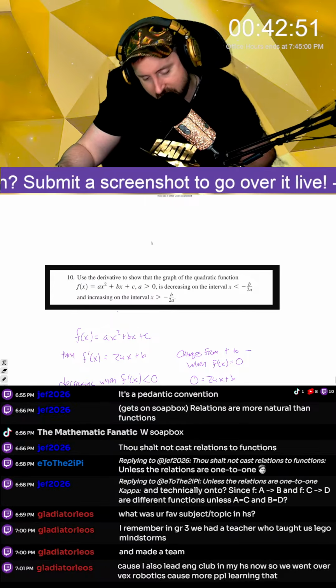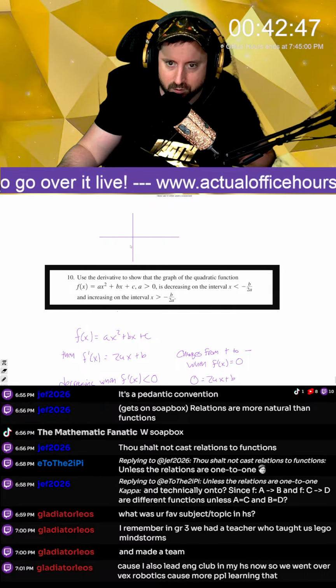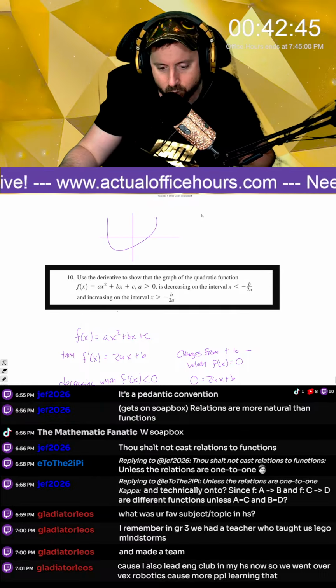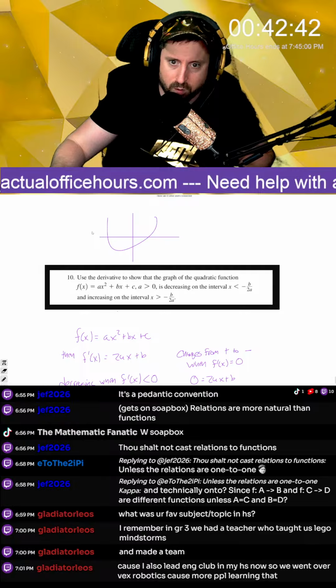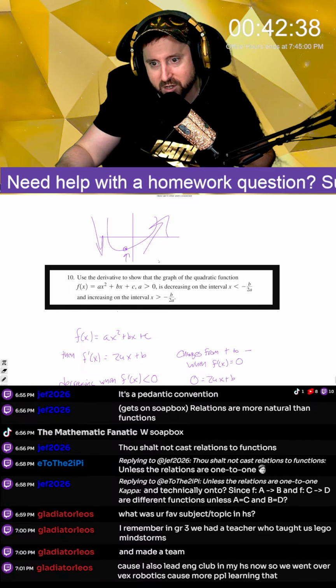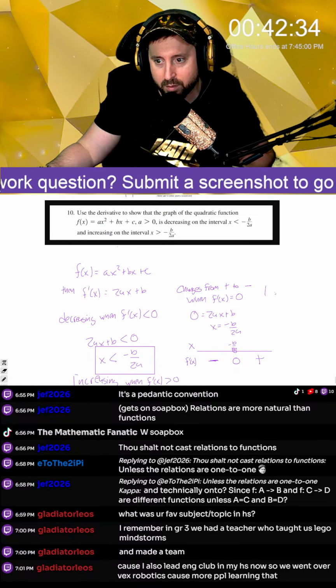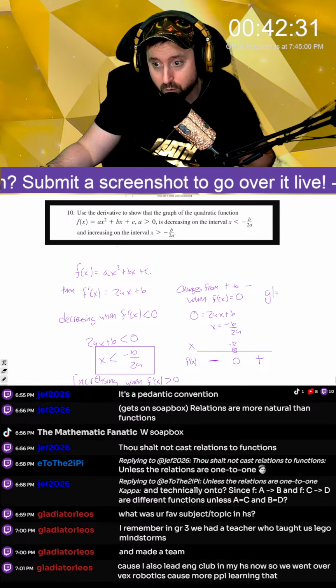I will say also that ax squared plus bx plus c has to look like some sort of positive quadratic, which will always be decreasing and then increasing. And negative b over 2a is, if you wanted to prove it, also a global min.